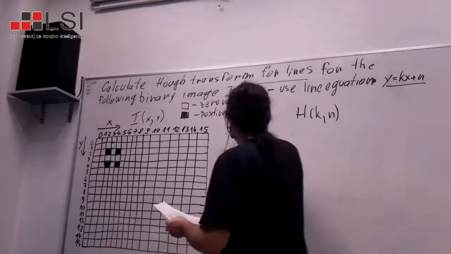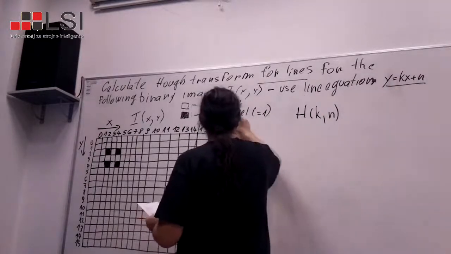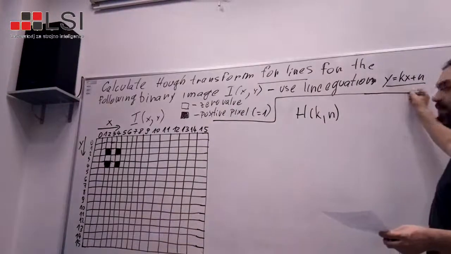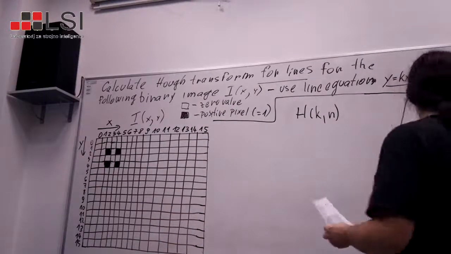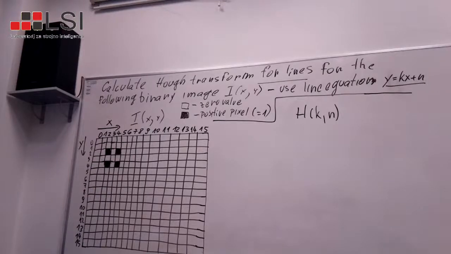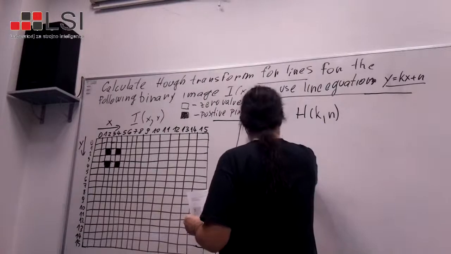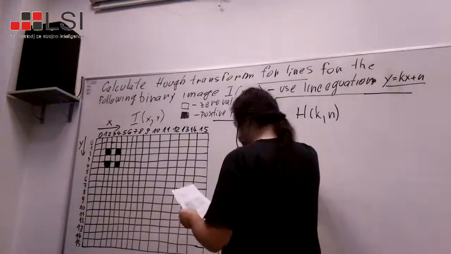Let's do it like this. I want to try to fit this into a single screen, and we will do the calculation on the other side then. Okay, so our Hough accumulator will then be like this.